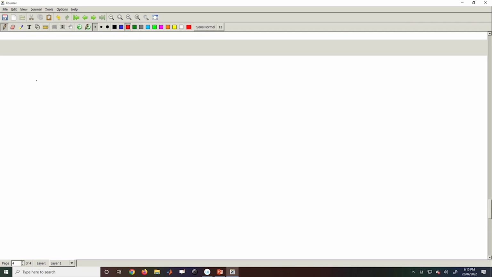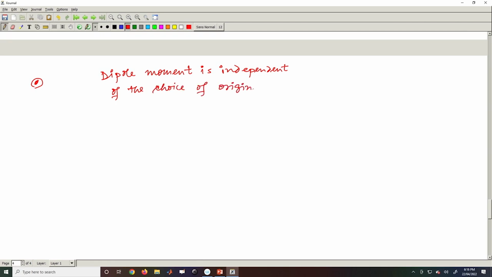If we mention that the dipole moment is independent of the choice of the origin, if the total charge q is equal to 0.